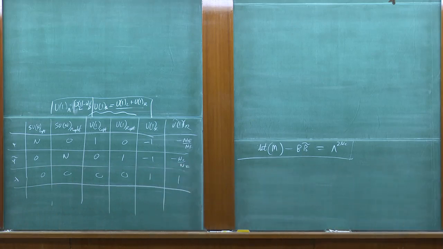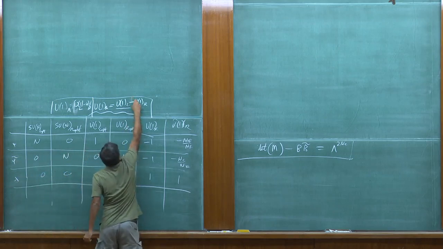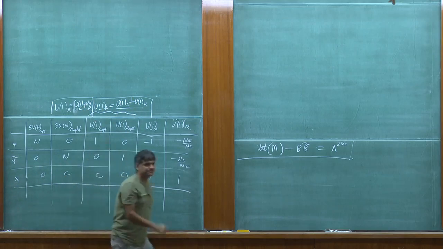The axial was anomalous. Did I get the signs wrong? Yeah, you're right. The one that was non-anomalous was the one under which psi bar psi carried charge 0. Yes, you're right, sorry. Thank you.